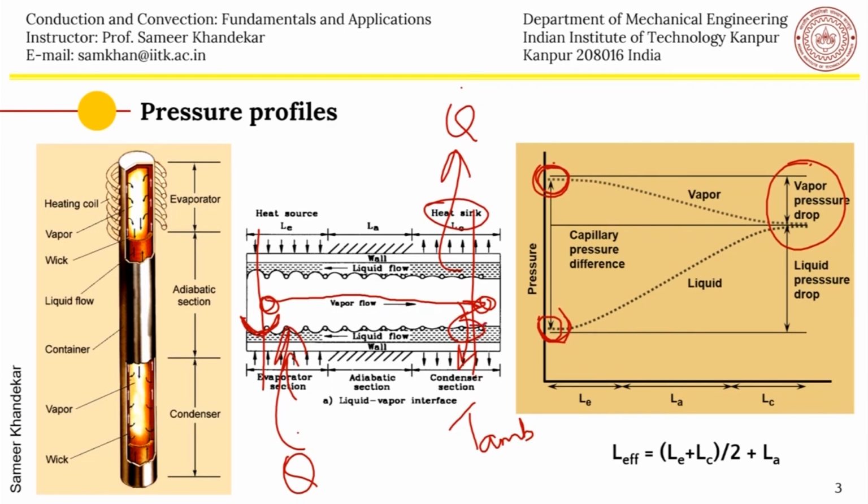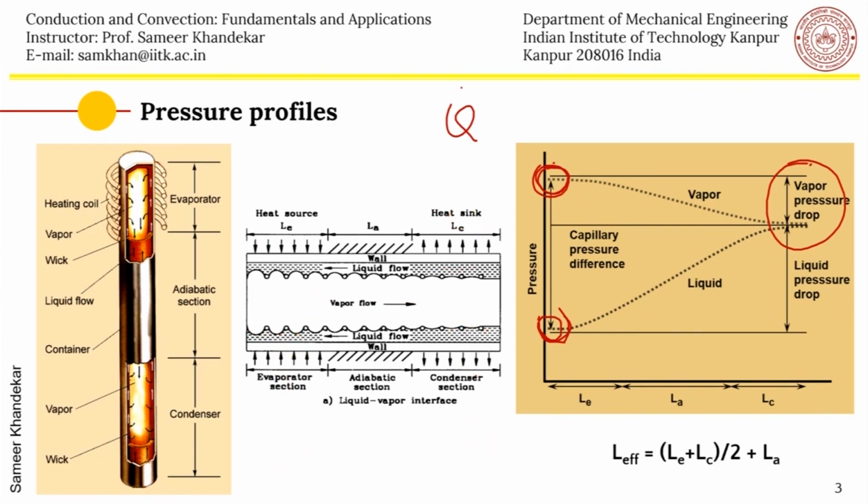So as you can see, the meniscus curvature is rather small in the evaporator section in this region here, and in the condenser region it becomes flat, and naturally the liquid pressure is higher here, and now because there is a higher pressure, the liquid will flow towards the evaporator. It will be sucked towards the evaporator by the capillary pump.